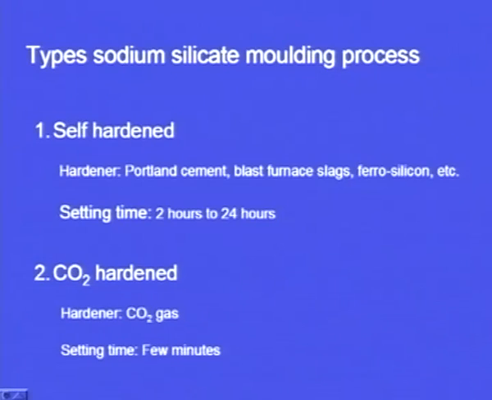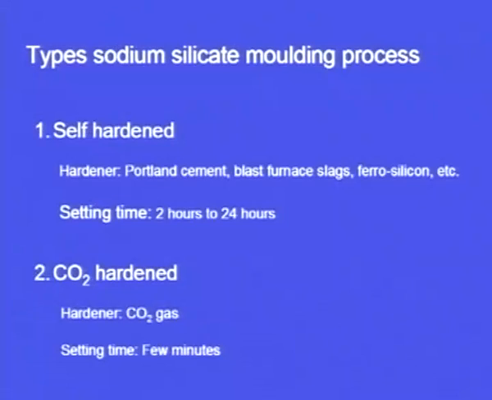This carbon dioxide gas reacts with the sodium silicate and forms a strong gel, and this gel gives strength to the mould, and the setting time is only a few minutes. We have to pass the carbon dioxide gas through the sand only for a few seconds, and immediately it will be hardened. So, these are the two classifications of the sodium silicate moulding process.